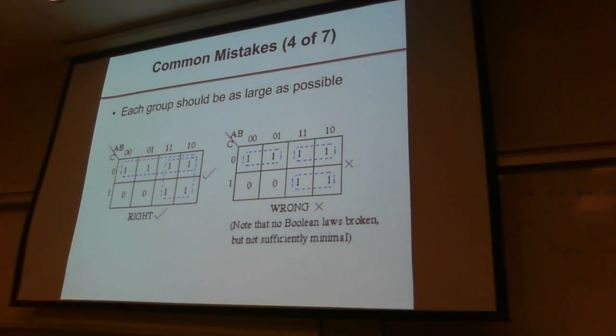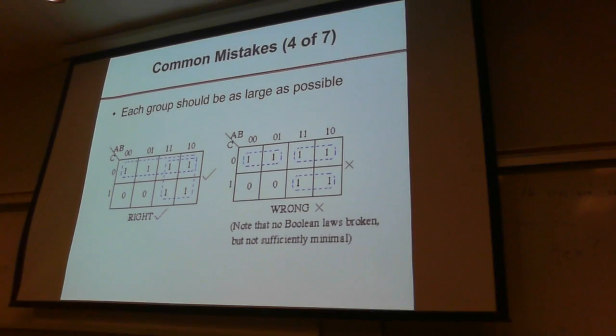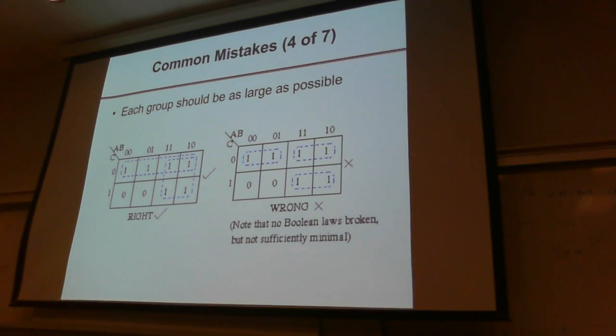You said earlier we should minimize overlap. Does size matter more? Size trumps minimized overlap. So is the goal to get the minimum amount of groupings, and a method for doing that is using the largest groupings?